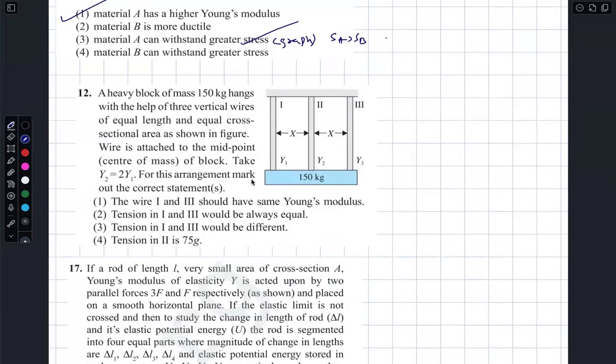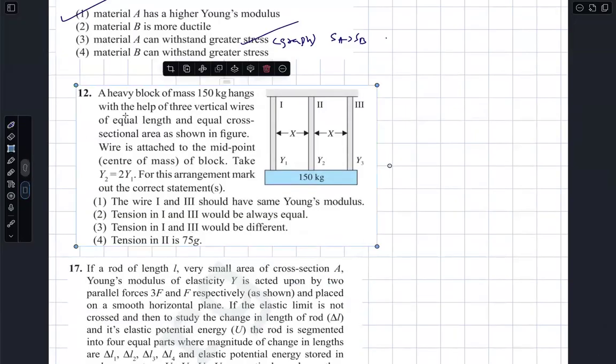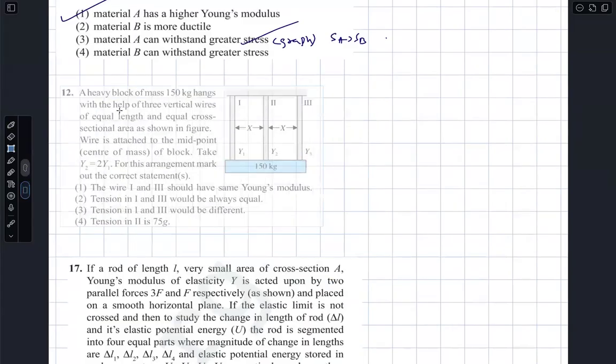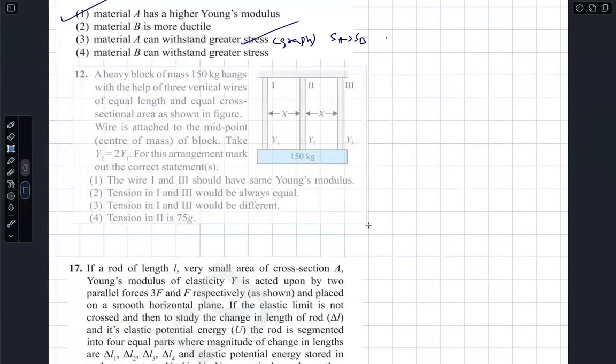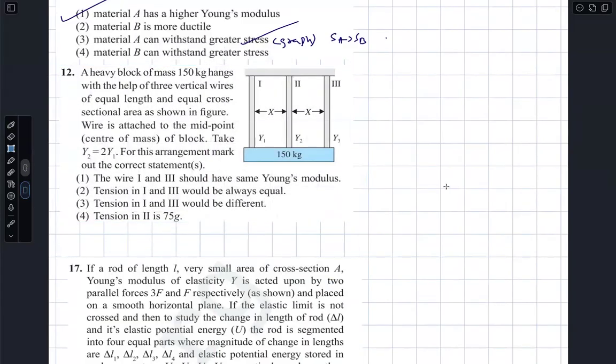Next. 12th question. Yes, please go through. Where they are equally spaced. Try to please understand that they are equally spaced.